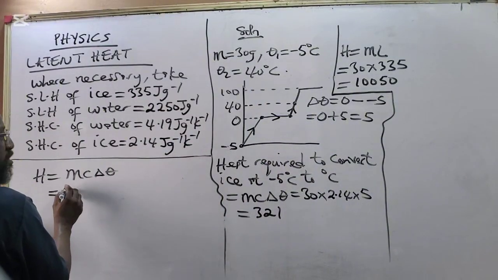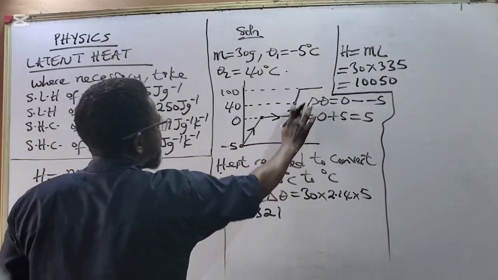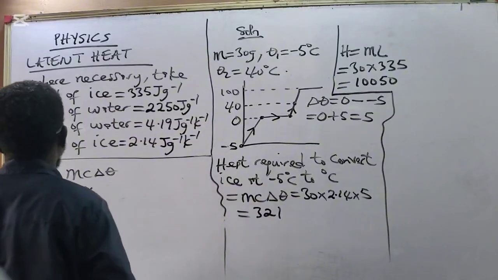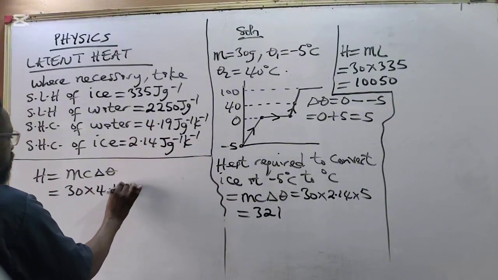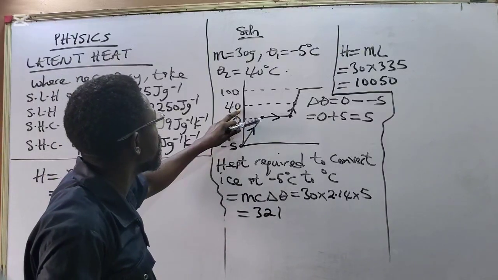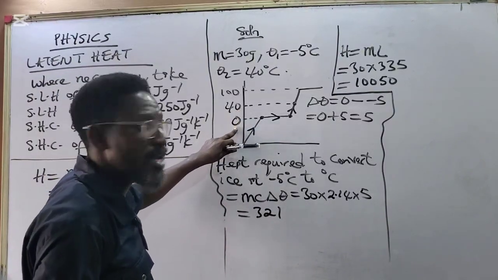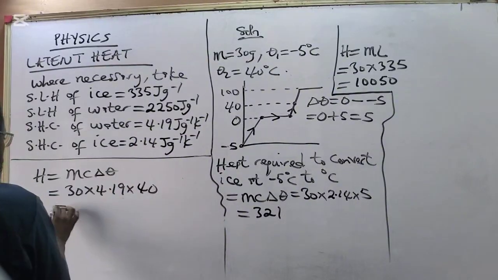So the mass is 30 times the specific heat capacity of water, that's 4.19, then times the change in temperature. Change in temperature is going to be 40 minus 0, and that will give us 40.